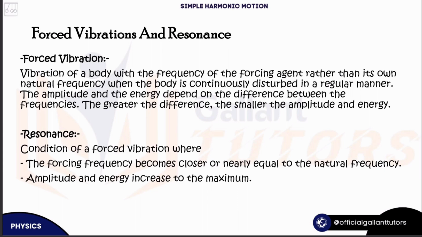The amplitude and energy depend on the difference between the natural frequency of the object and the frequency of the force. The greater the difference, the smaller the amplitude. But if they are very close together, you will hear a louder sound.